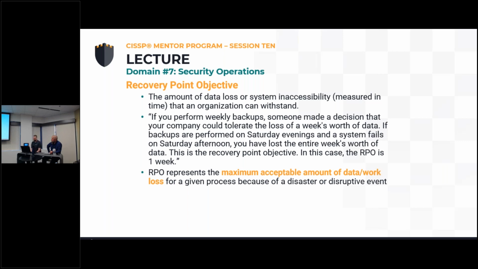Just an example there on the second bullet point: the maximum amount of data or work loss for a given process. From healthcare, that's going to be a lot shorter. Banking, really short. In banking, we had it down to under 5 minutes. A lot of transactional places have to keep those types of things really short.